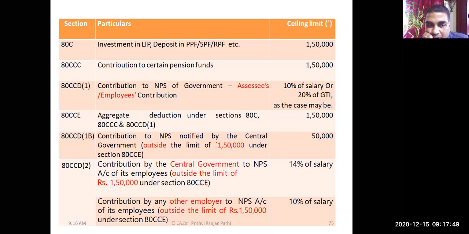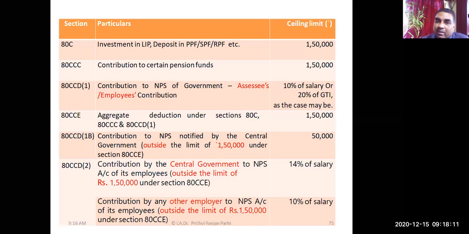80CCD1, that up to 50,000 I think is claimed. I think so, sir. That does not exceed 50,000 for 80CCD1. 80CCD1 talks about contribution made to NPS.